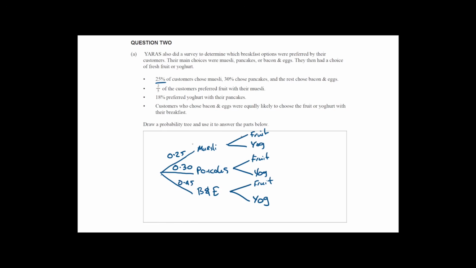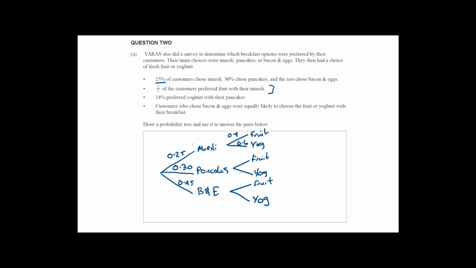Okay, then they tell us that 2/5 of customers preferred fruit with their muesli. It's not really that well worded. So 2/5 is 0.4, so this must be 0.6. 18% preferred yogurt with the pancakes.